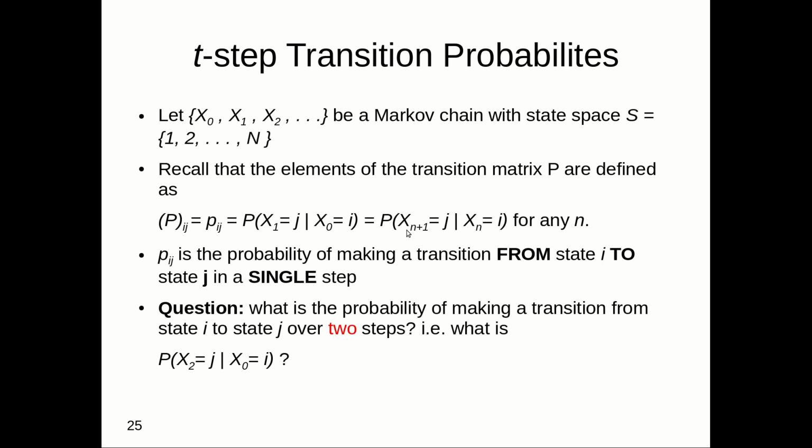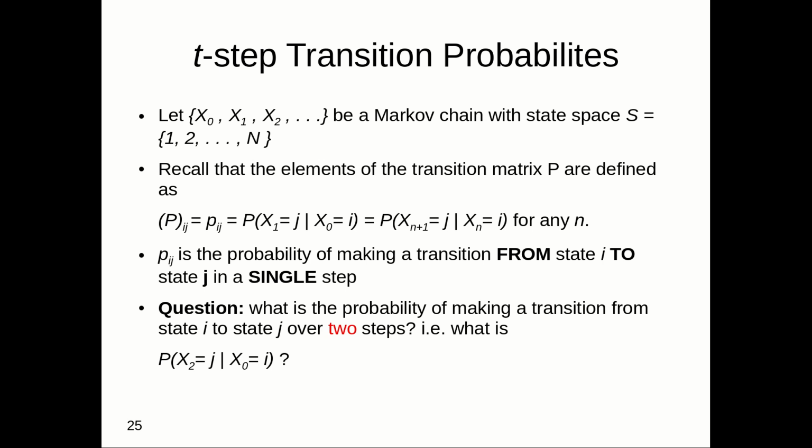And this can just be written in a general form: for any one-step transition, the conditional probability of being in state j at time 1 when we were in state i at time 0 equals the conditional probability of being in state j at time n+1 when we were in state i at time n, right? So this holds for any n, because our Markov chain does not change over the time steps.